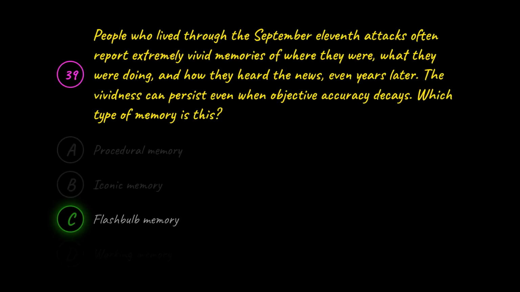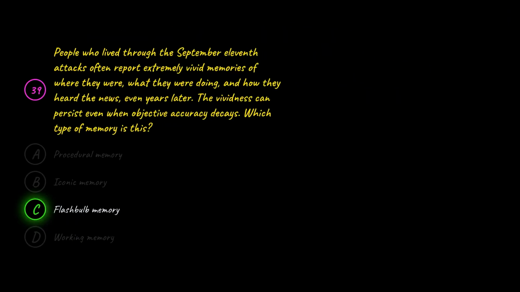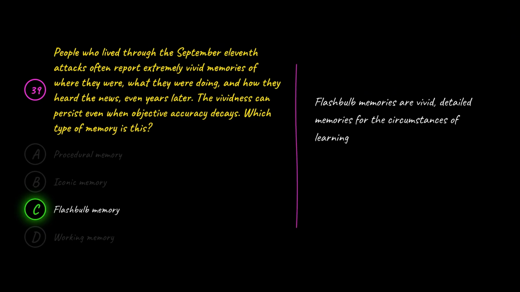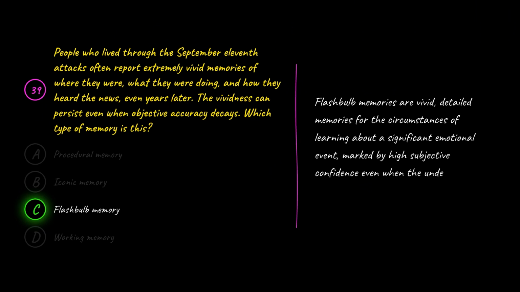The correct answer is C. Flashbulb memory. C is correct because flashbulb memories are vivid, detailed memories for the circumstances of learning about a significant emotional event, marked by high subjective confidence even when the underlying accuracy slips.